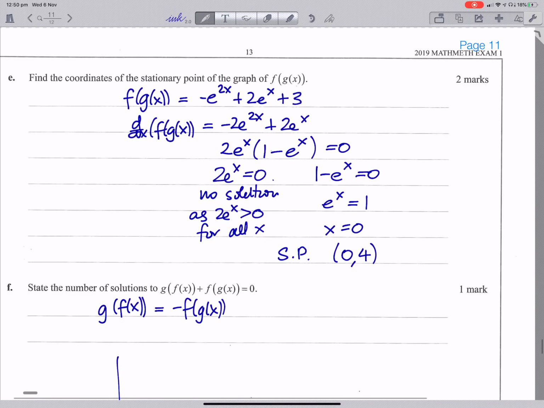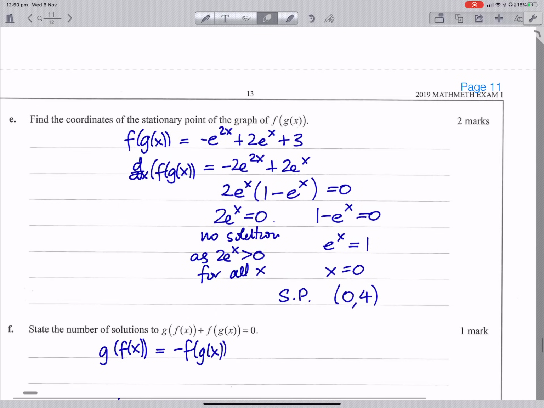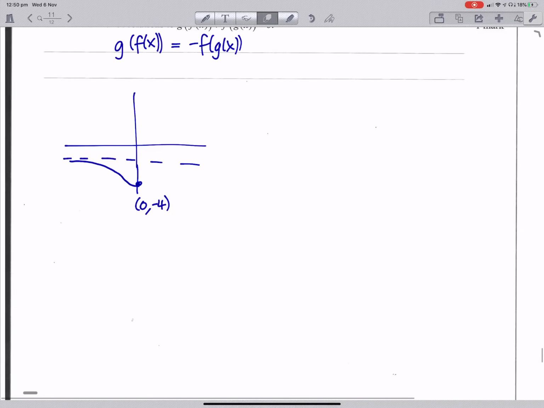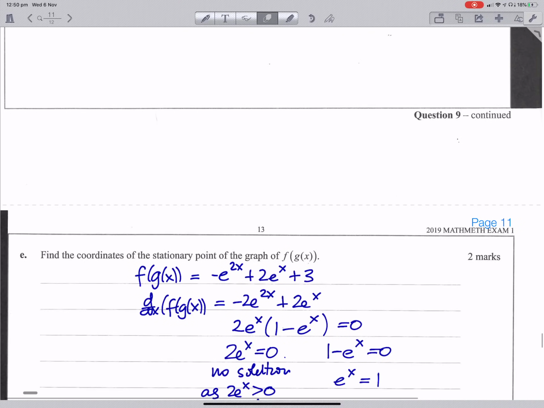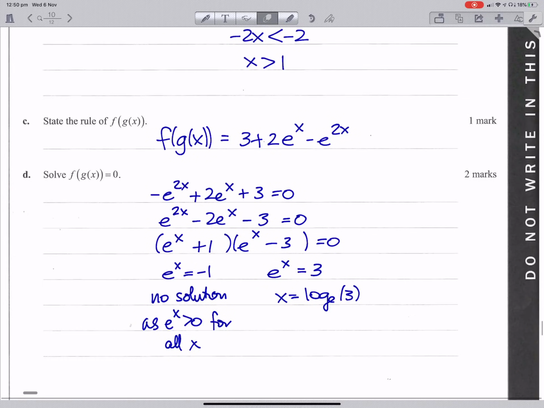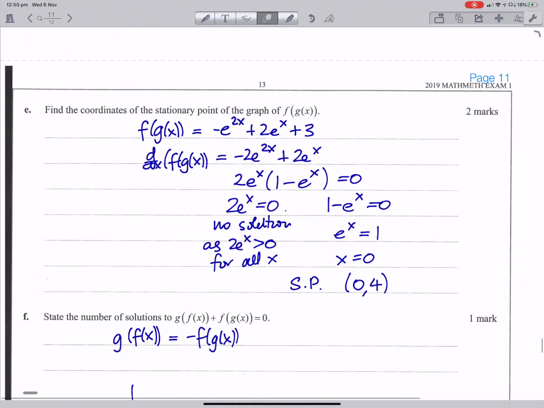Just because we know that as x goes to infinity, it's going to approach 3 on that side. What else did we find out? What is the gradient?